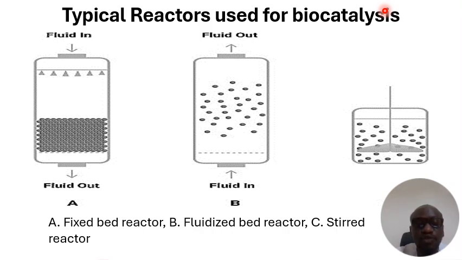And then the third one is the stirred reactor, which is the stirred tank reactor. The immobilized enzyme beads are usually suspended in a liquid phase, and it is operated with mechanical stirring which ensures uniform mixing.